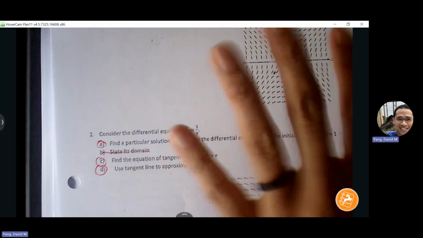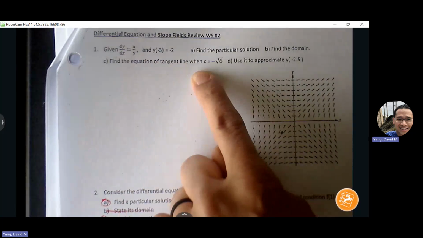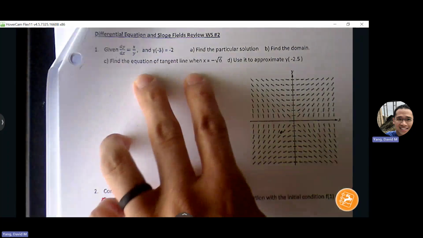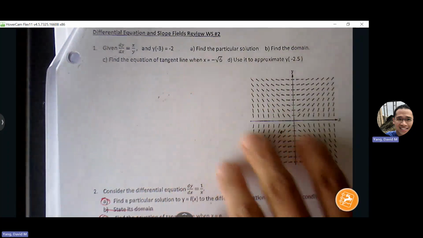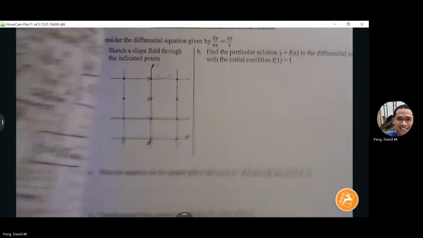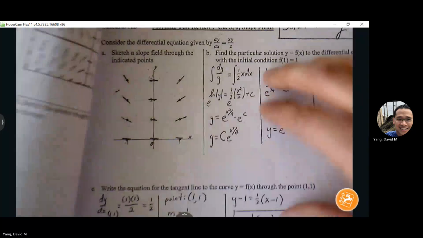Okay, let's move on to something else. But I think maybe you guys want to try number 1 on your own, because it has the same setup: solving the differential equation, tangent line equation, approximation. So maybe you can do that a little bit later.